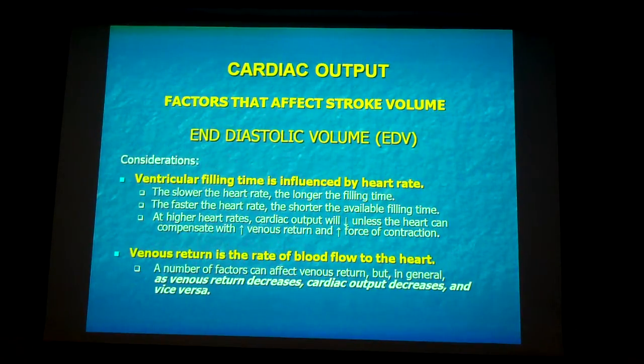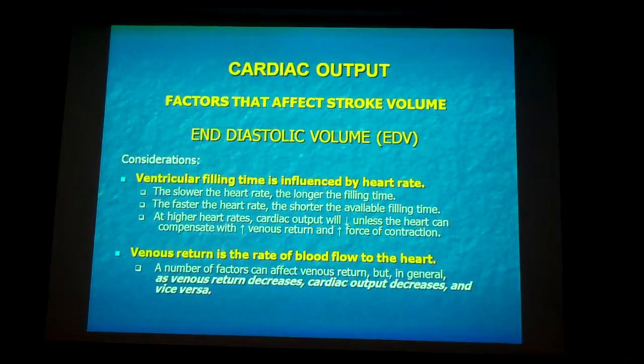So if your stroke volume is really very good and very high, then you can slow down your heart rate. So well-conditioned athletes will commonly have a heart rate less than 60 beats per minute. That doesn't mean there's anything wrong with it, it doesn't mean they're sick. It just means they're efficient. With each beat of the heart, it's delivering more blood out of itself.